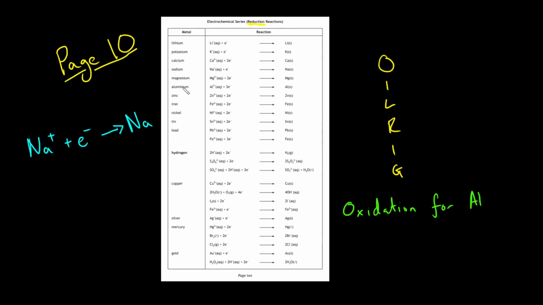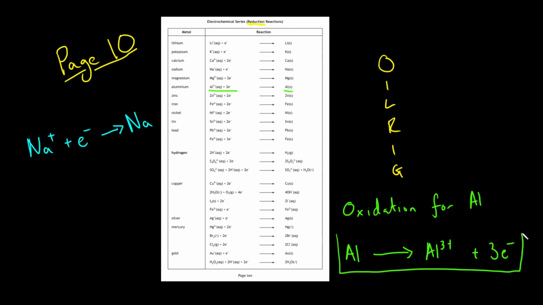I would go down, find aluminium. I can't write it exactly as it is here because that would be the reduction reaction. So in order to write the oxidation reaction, I just write the equation in reverse. So I start with the product and write that on my reactant side, so Al, and then I put my arrow and I write this part, Al3+ plus 3 electrons, and now I've written the oxidation reaction for aluminium.